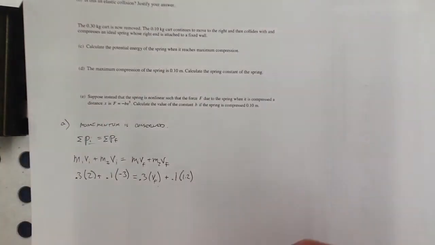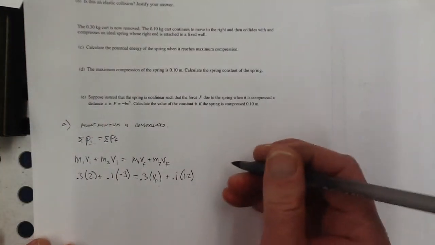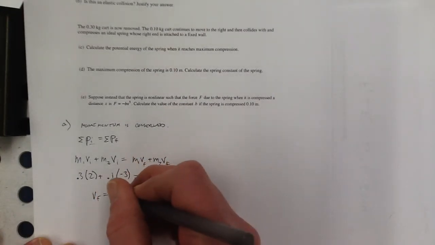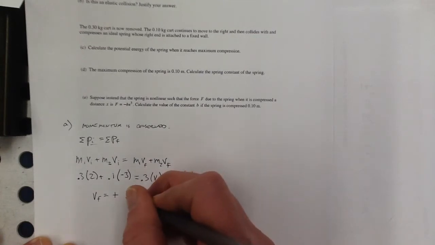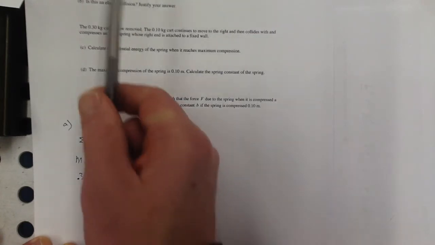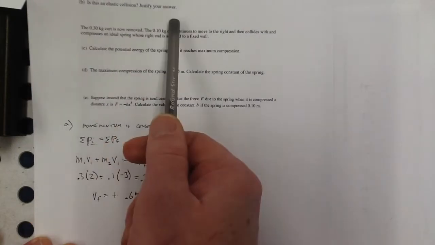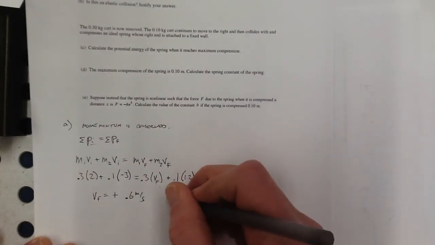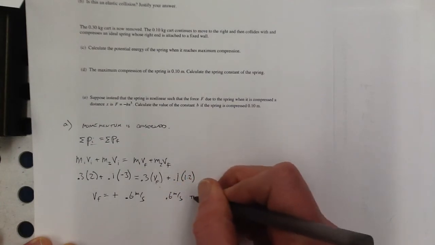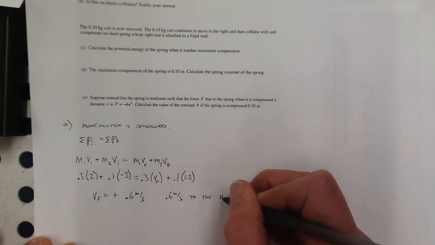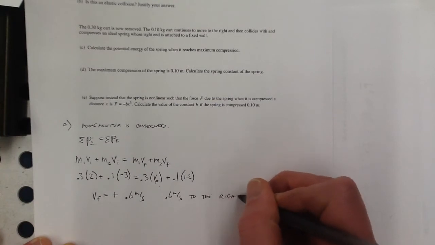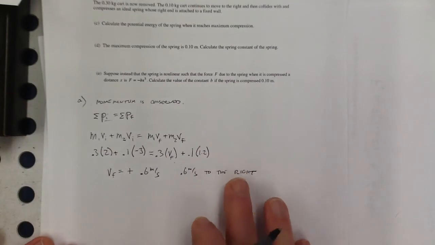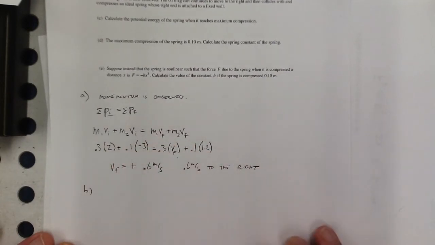That's positive. Now, I decided that positive meant to the right, but that's my decision for my work. So I need to say that it's 0.6 meters per second to the right. I need to bring that back around to what it actually means that it's positive. That's important, and probably worth a point, we'll look at the scoring guide in a minute.